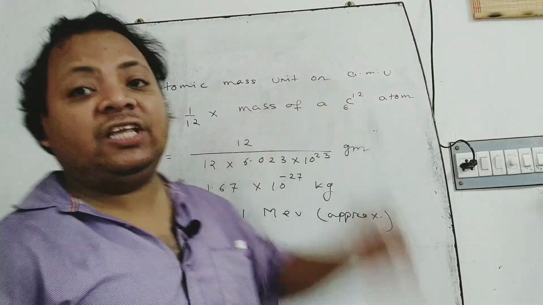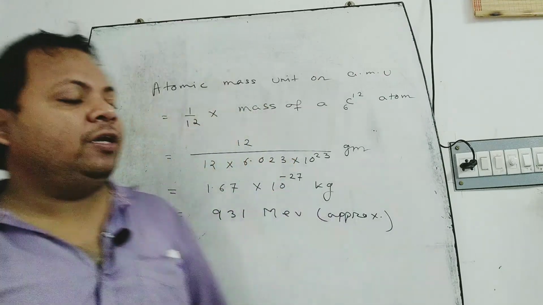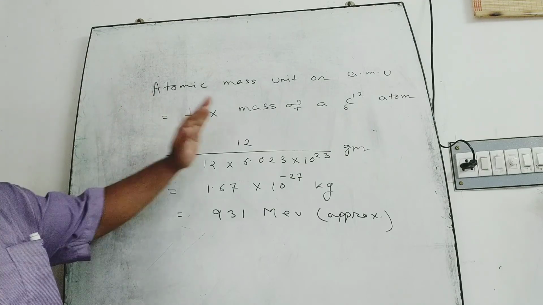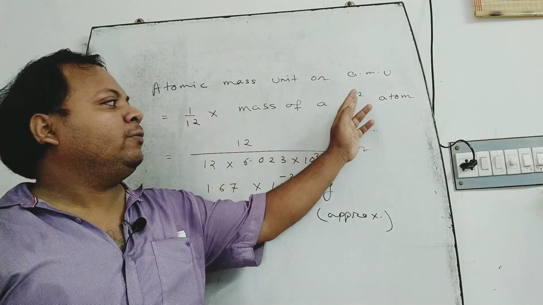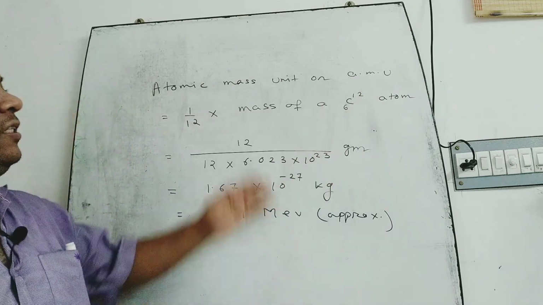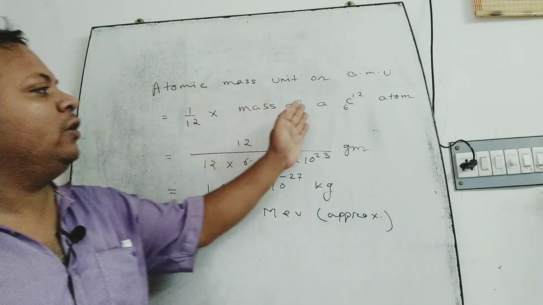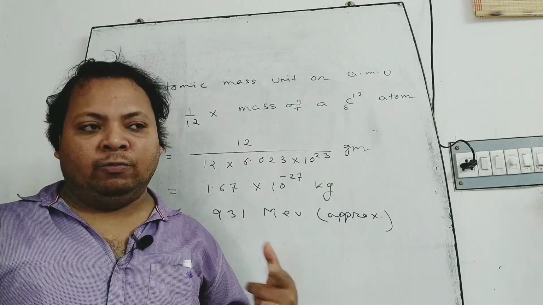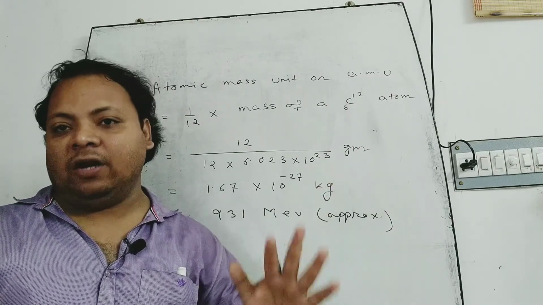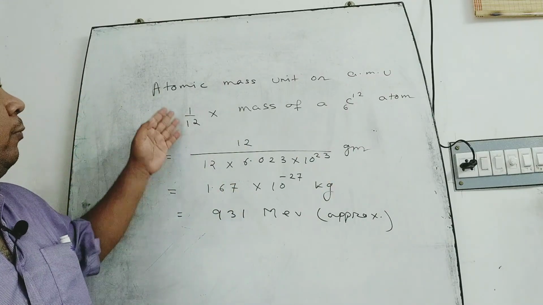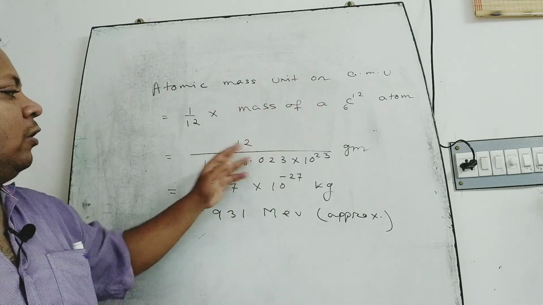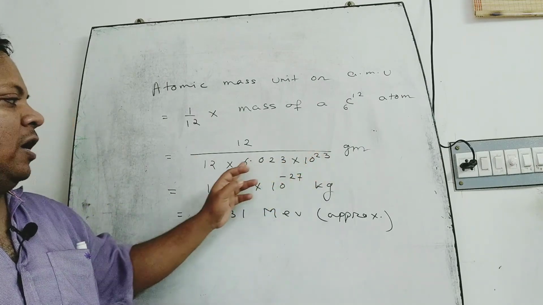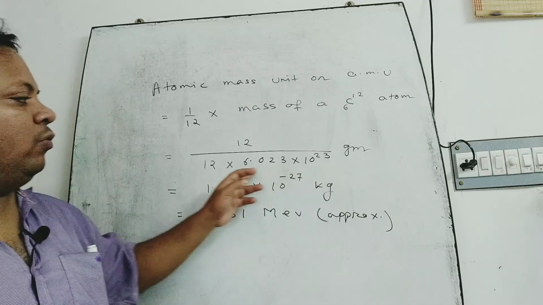Next, atomic mass unit or AMU. It is equal to 1 by 12 of the mass of a carbon 12 atom. You know that the mass of 1 mole of C12 atoms is 12 gram. Therefore, 1 AMU is equal to 12 by 12 into 6.023 into 10 to the power 23, and 6.023 into 10 to the power 23 is the Avogadro number.